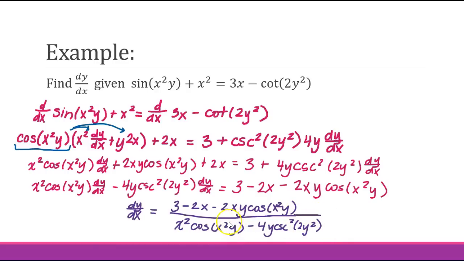So these implicit differentiation problems can obviously have some messy answers. So this is my derivative dy dx.